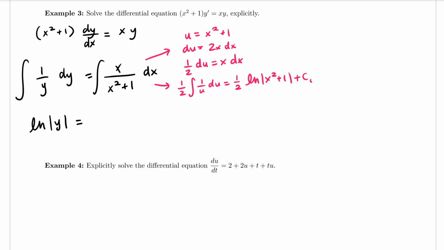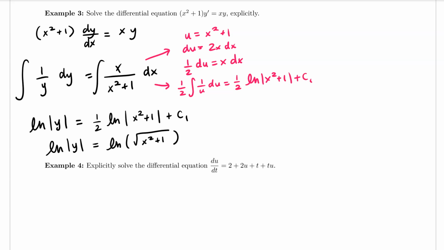So on the right-hand side, we have 1/2 times the natural log of the absolute value of x squared plus 1 plus some constant. On the left-hand side, I'm going to just rewrite that natural log of absolute value of y equals. Now, based off one of the logarithm laws, I'm going to rewrite this as the natural log of the square root of x squared plus 1.